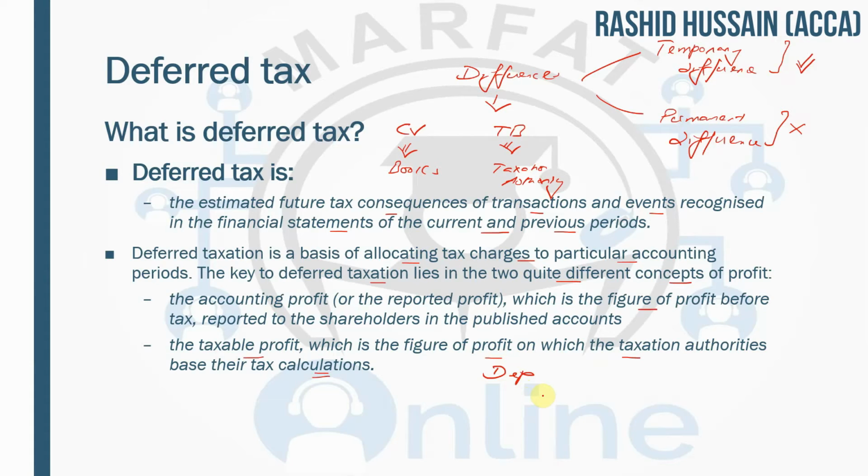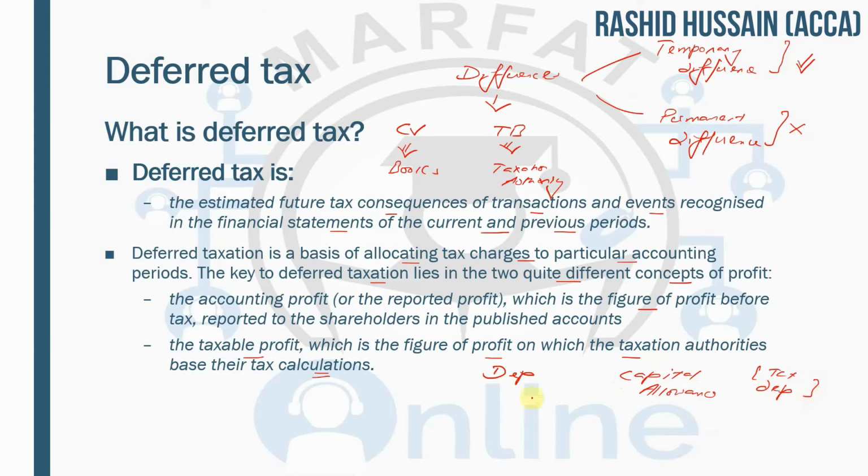When you are recording the depreciation of any asset, you have not spent any money, you have not given any money to someone. It's simply the allocation of cost over its useful life. So the tax authority does not consider the depreciation as an expense. Instead, they allow you the capital allowance for the tax depreciation.